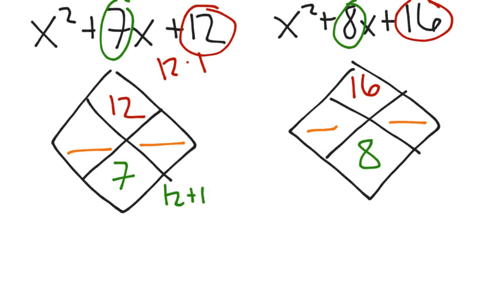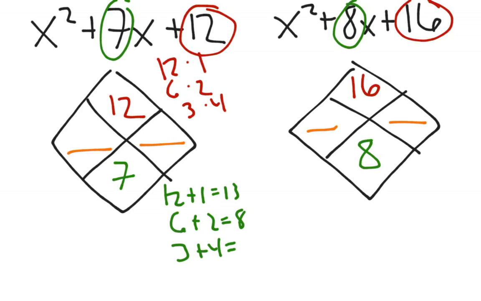But 12 plus 1 is 13, so that's not going to work. 12 is also 6 times 2. 6 plus 2 is 8, so that's not going to work either. 12 is 3 times 4. And look, 3 plus 4 equals 7. So that's going to work. My numbers on the side will be 3 and 4.